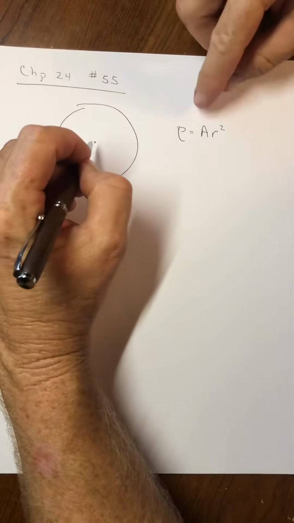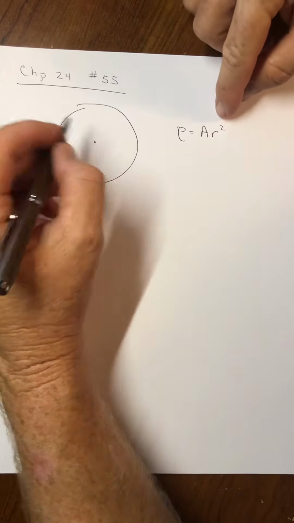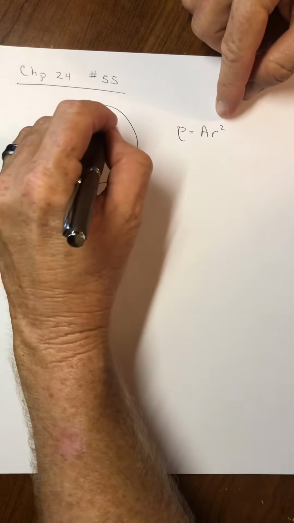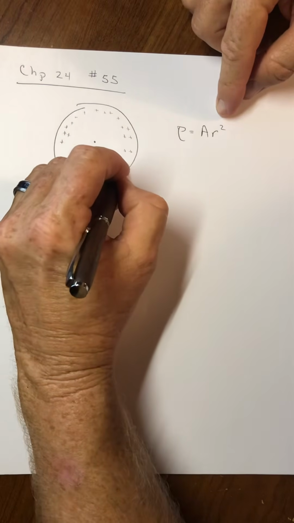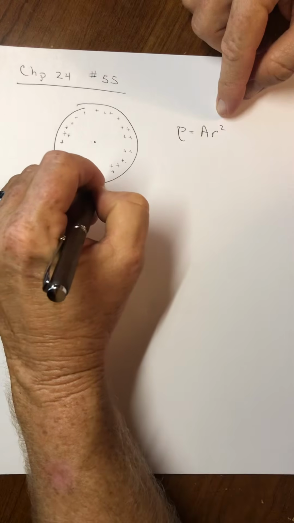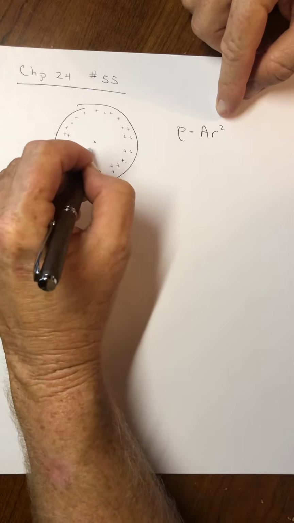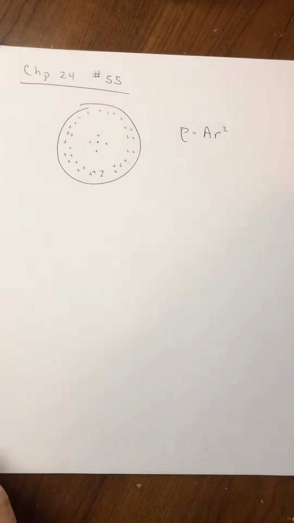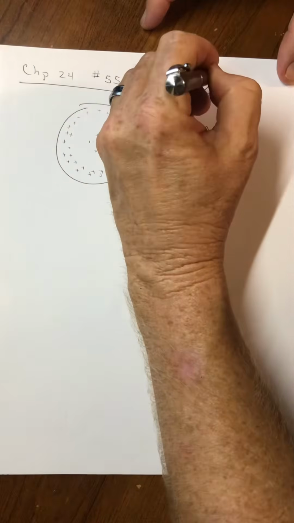But what that would mean, if I were drawing a picture, is the charge would be weak here and get bigger and bigger. In fact, it's a quadratic. So most of the charge really is on the outer parts of this. If this was, say, the Earth, most of the charge is on the crust of the Earth, and very little charge is in the core, because an equation that is quadratic does that.